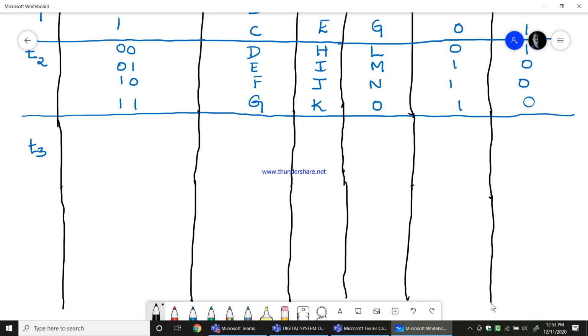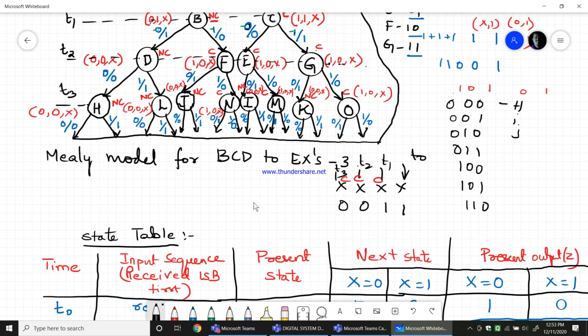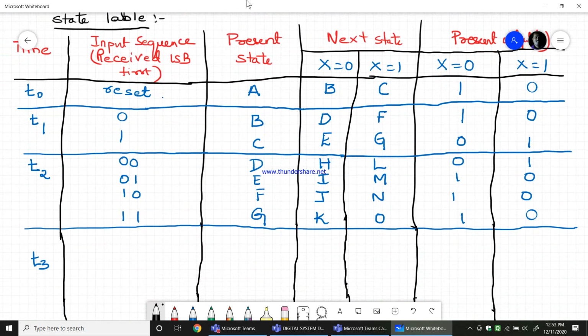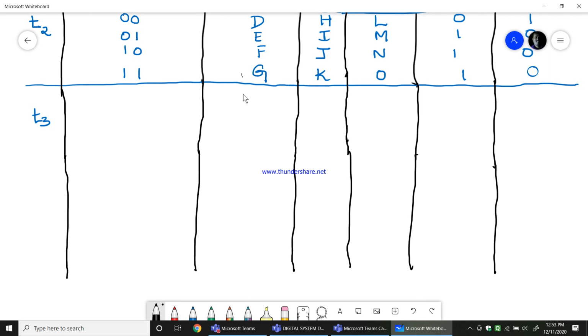So T3, when you go back and look into the diagram, I'll write H I J K L M N O in a normal way only, which is H I J K L M N O. We know that a 3-bit sequence is what we have taken for representing these, H as 0 0 0.